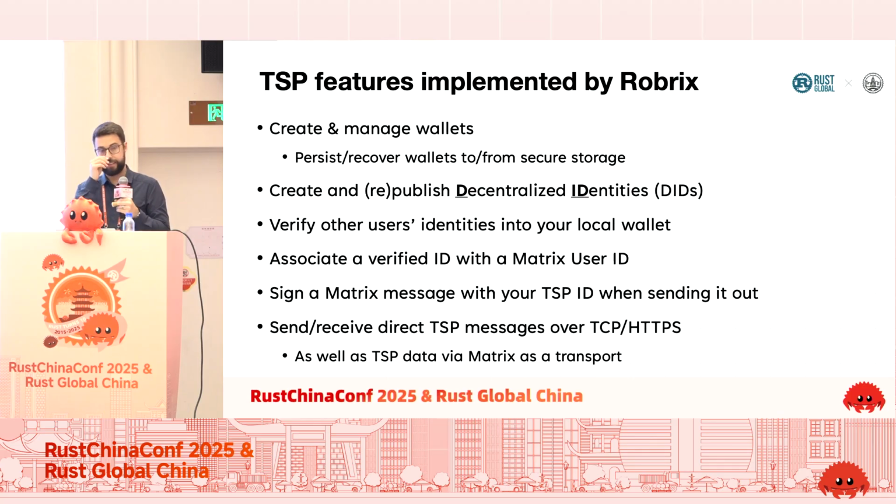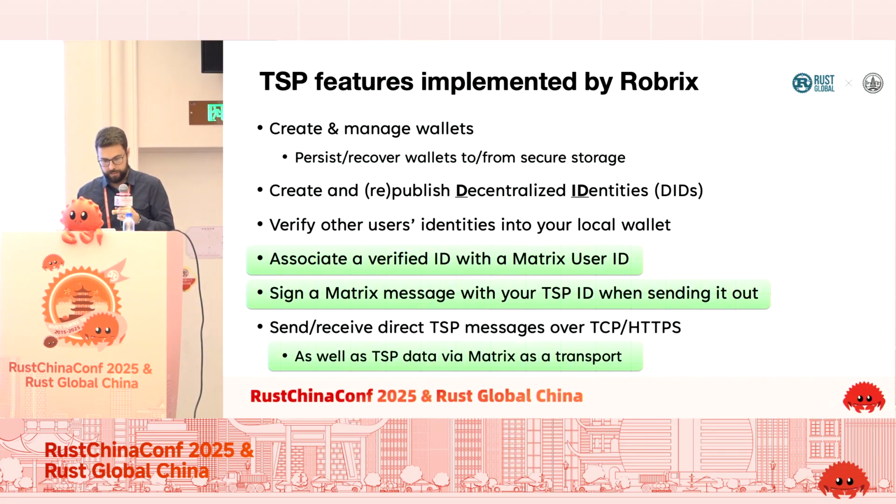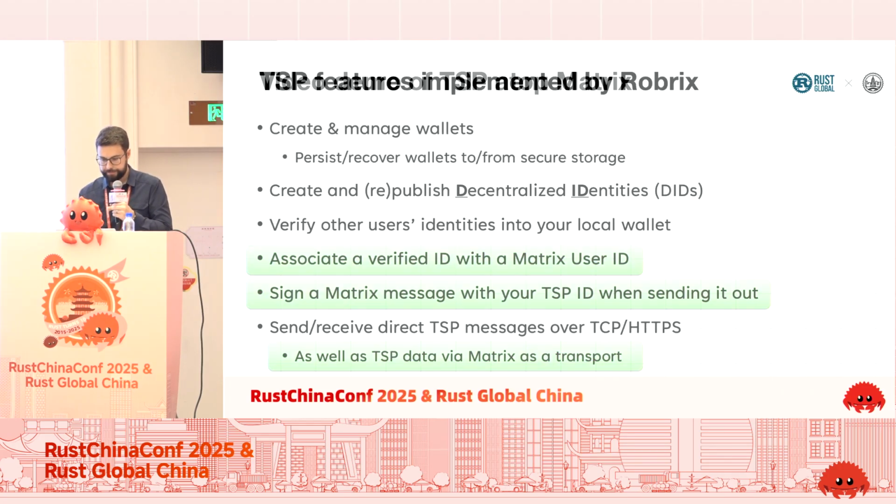And then use that identity to sign a message so that other people can be assured of the non-tampered aspect and the authenticity of the message that was sent. So these are things that are unique to Robrix because they have an integration with Matrix. The other things are just something that the TSP SDK offers. But I believe I'm the first one to implement a UI around them.